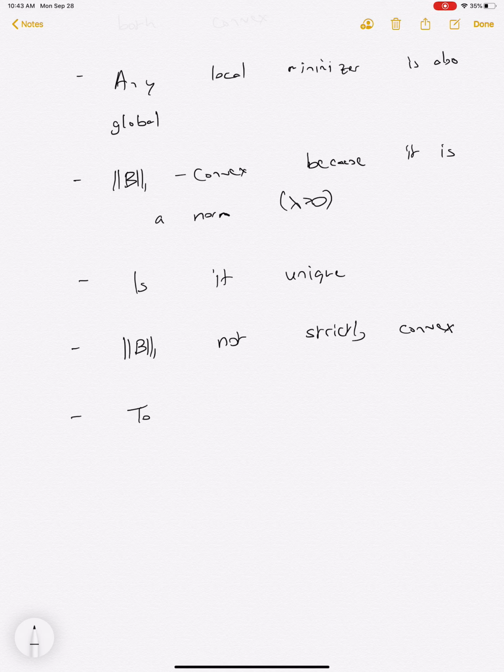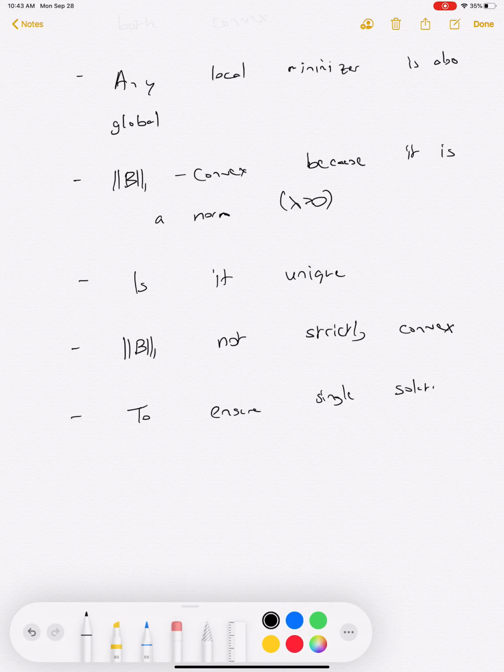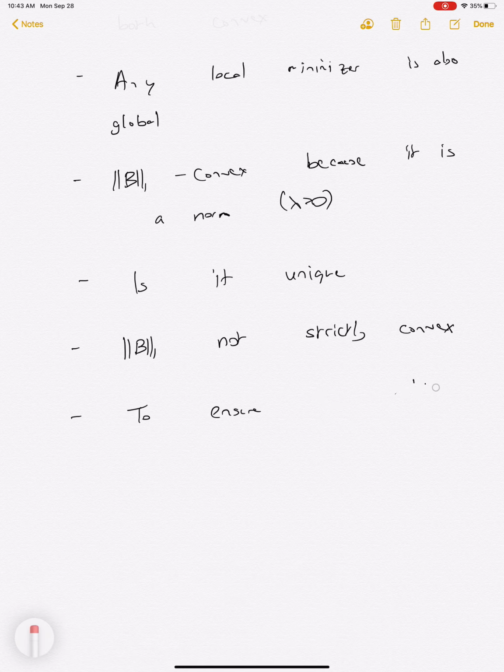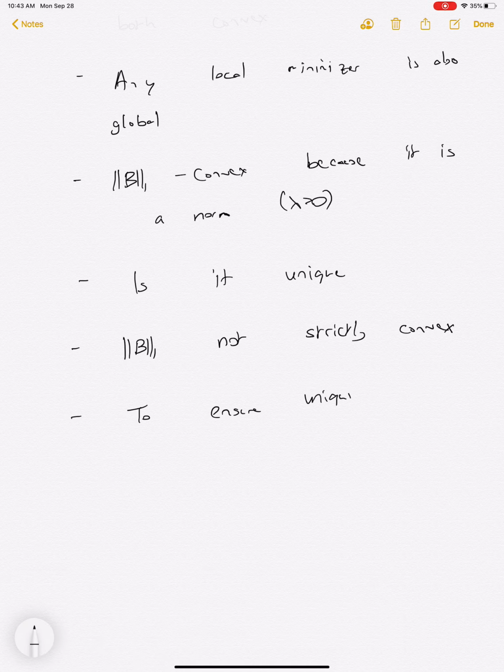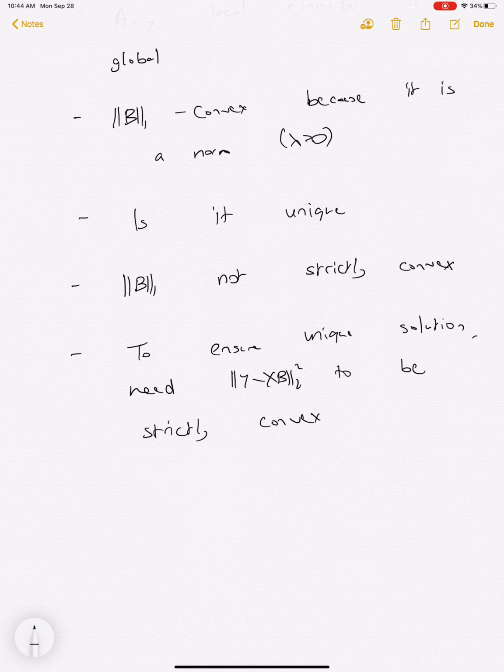And to ensure a unique solution, you need the norm of y minus xb squared to be strictly convex.